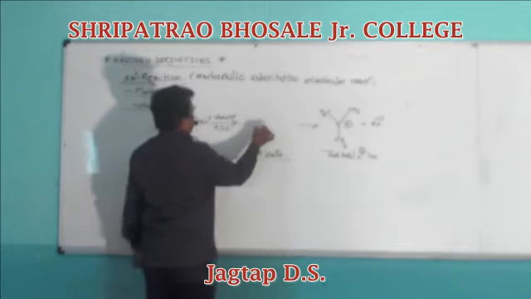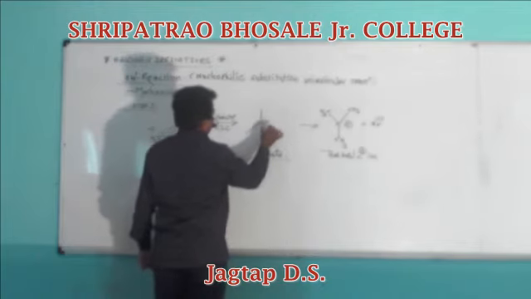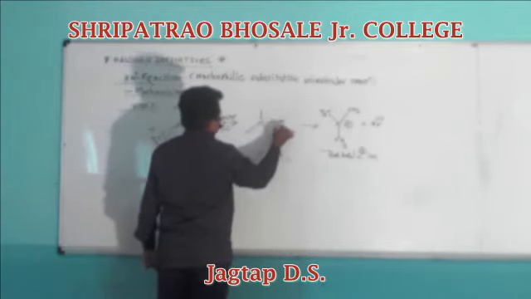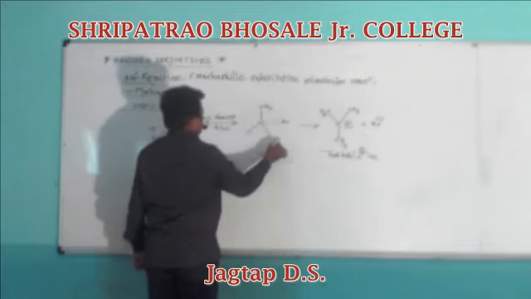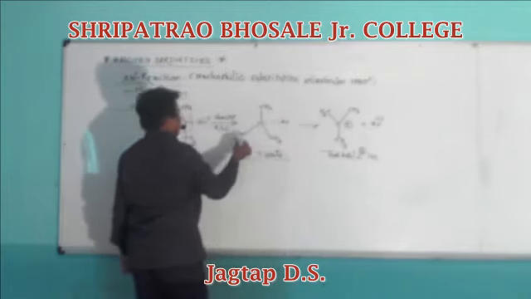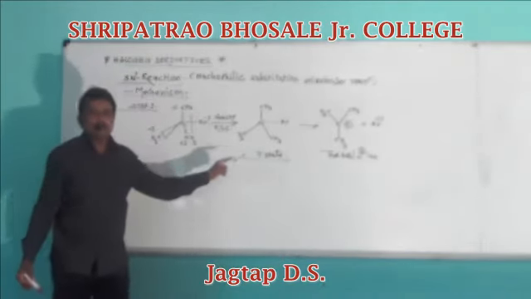In a transition state, C-Br bond is partially broken. Transition state is a high energy unstable state.